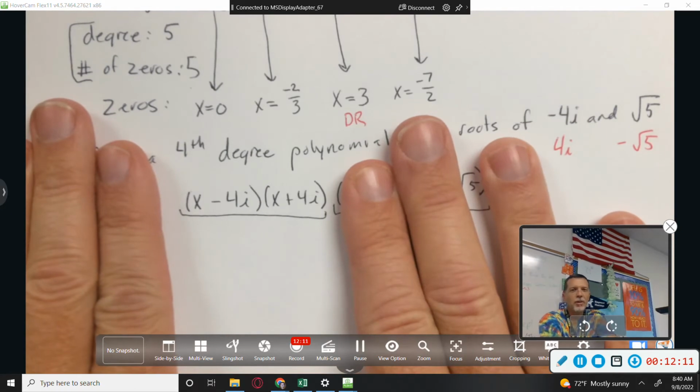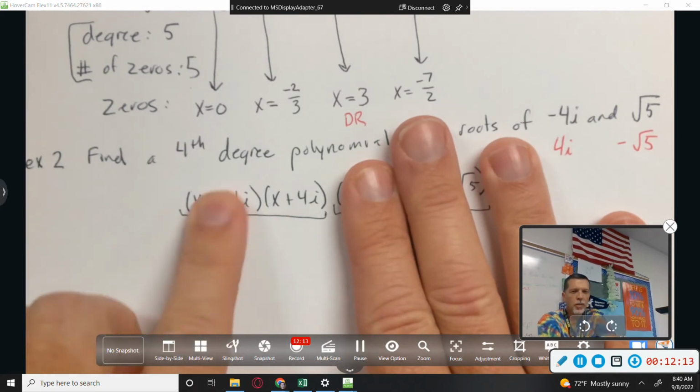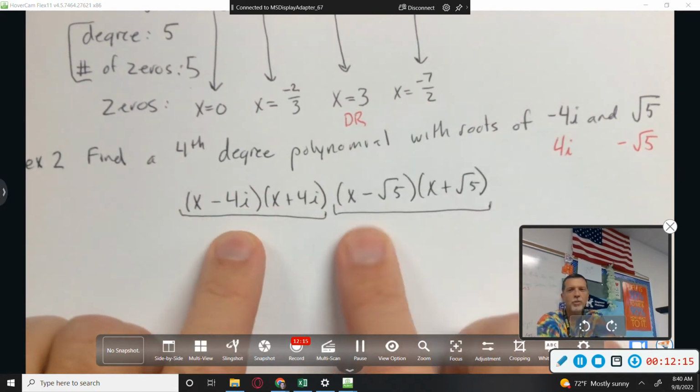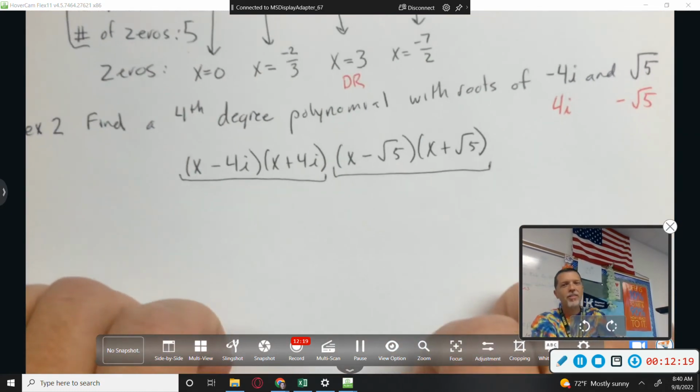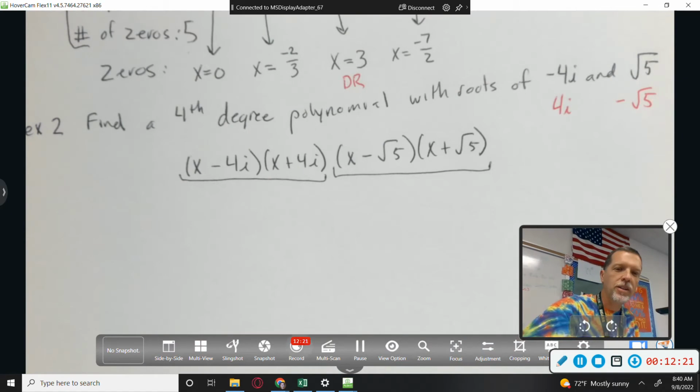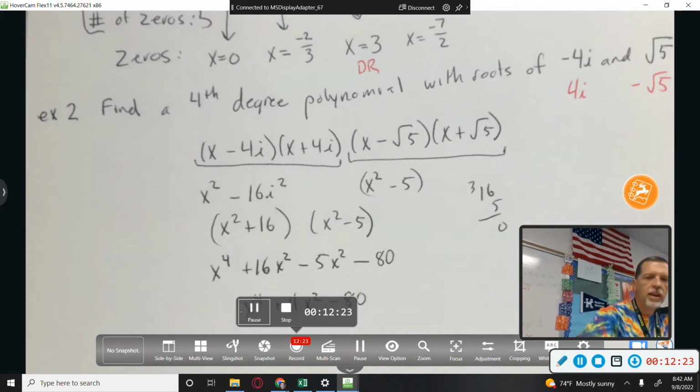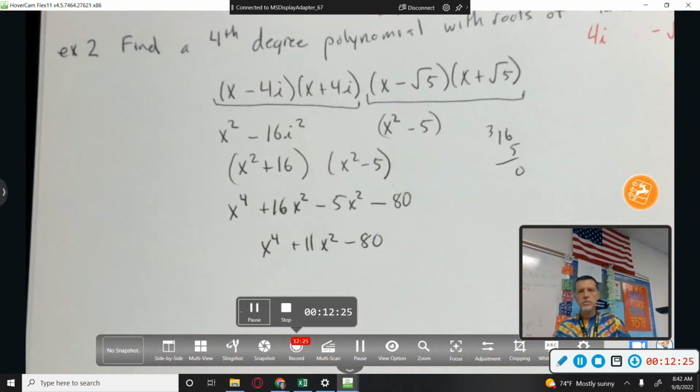So I'm going to press pause. You multiply that pair of conjugates, and then multiply that pair of conjugates, and then you'll have to FOIL one more time after that. So this is like 3 FOIL problems all at once. Yes, no, good with that?